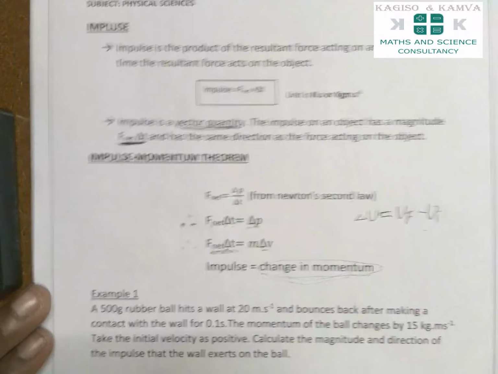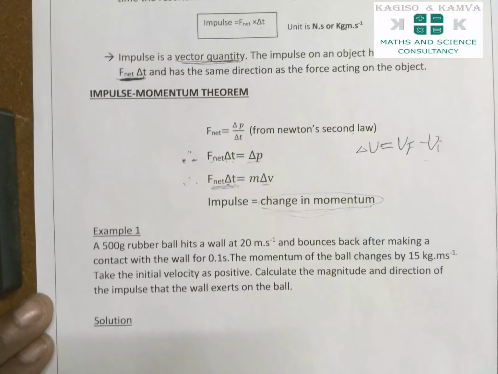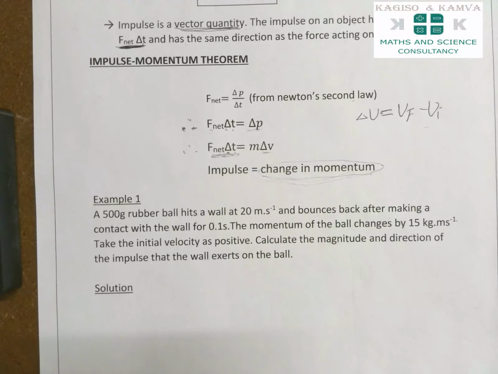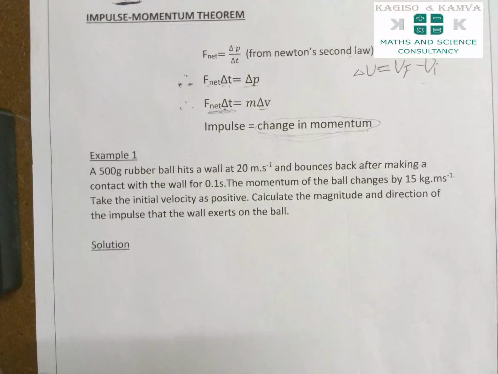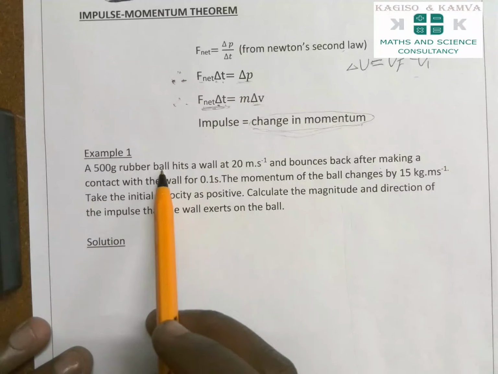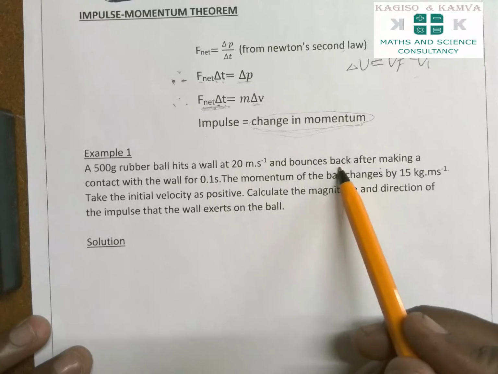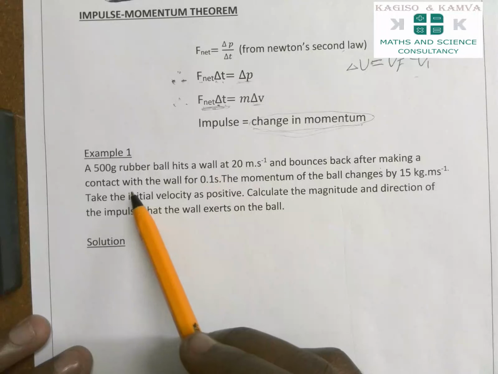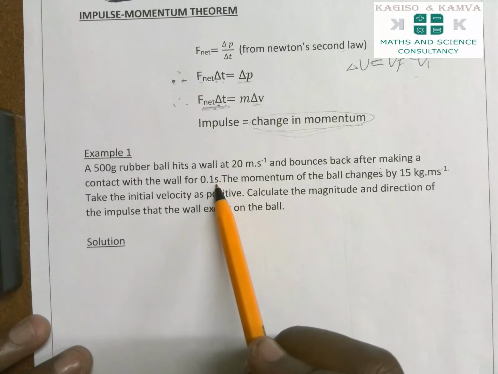Example 1. Now applying the impulse momentum theorem. A 500-gram rubber ball hits a wall at 20 meters per second and bounces back, making contact with the wall for 0.1 seconds.